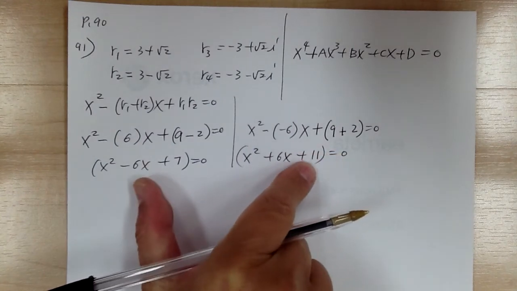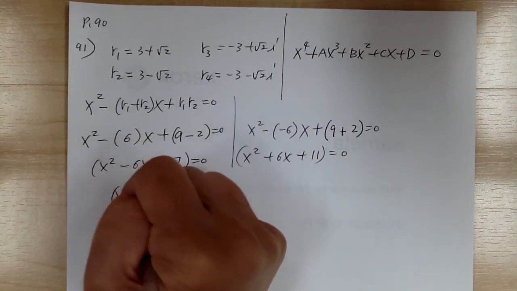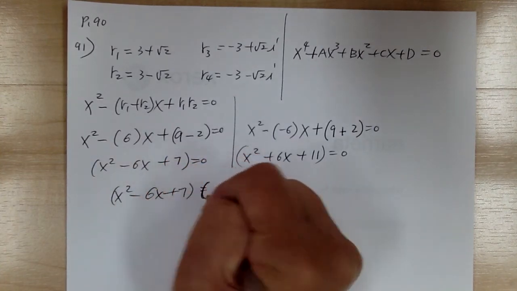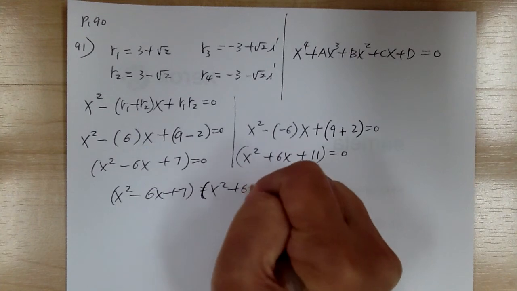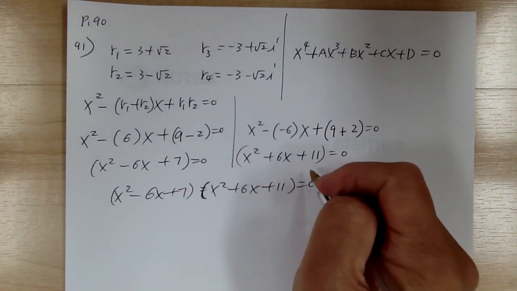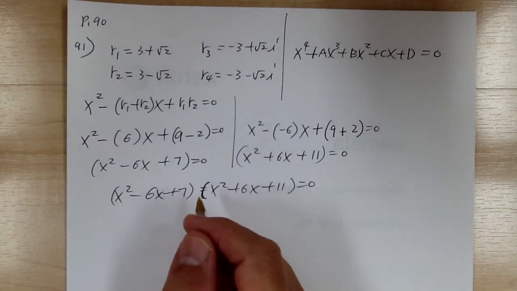So now when you put all this together, your equation is x squared minus 6x plus 7 times x squared plus 6x plus 11 equal to 0. Okay, so now all you have to do is go and multiply out.